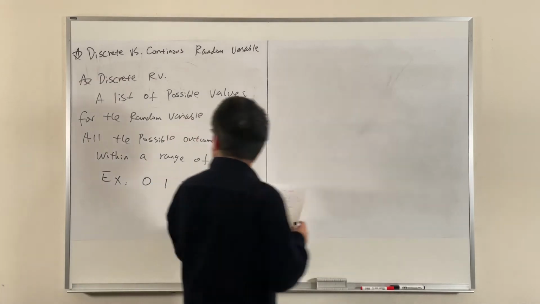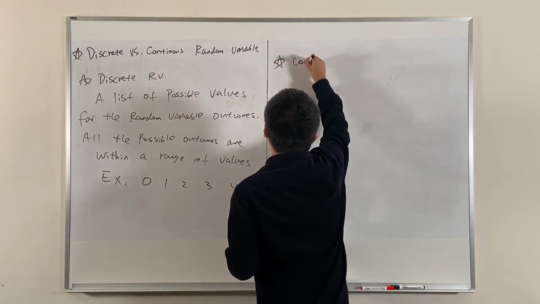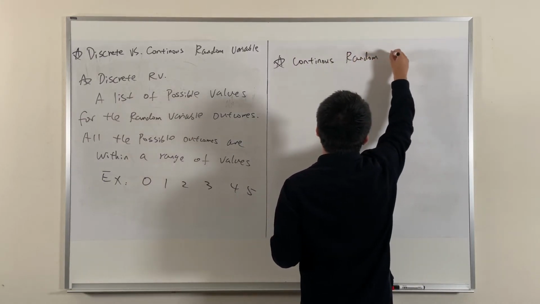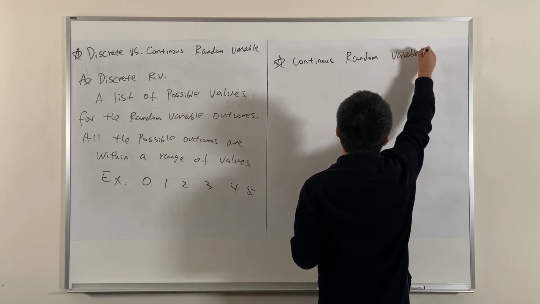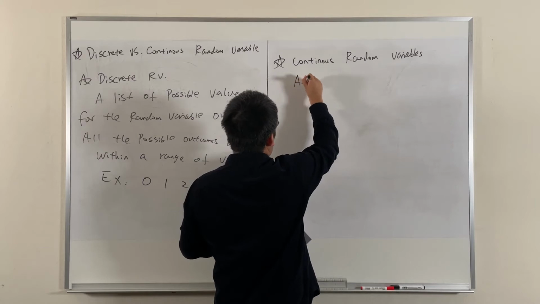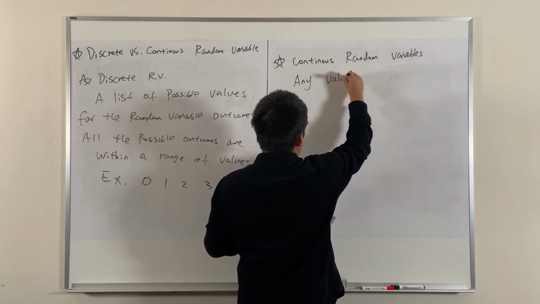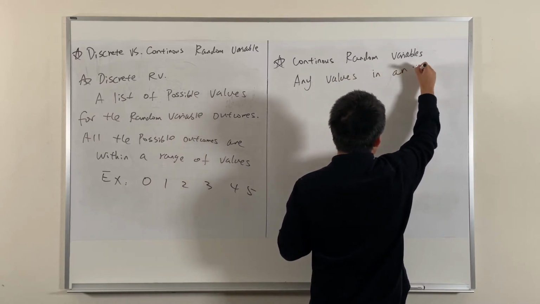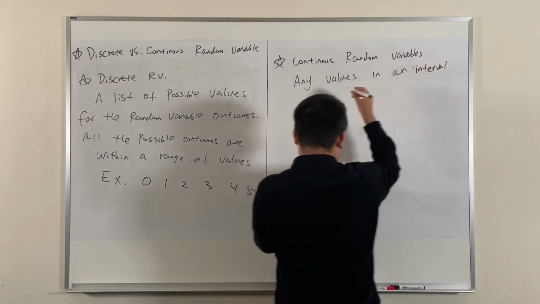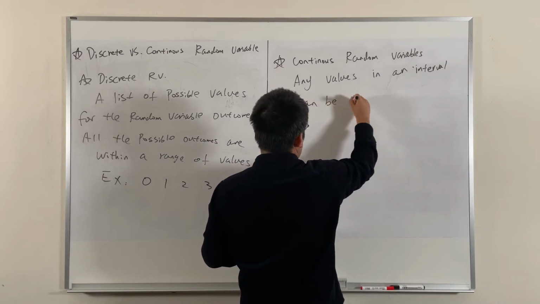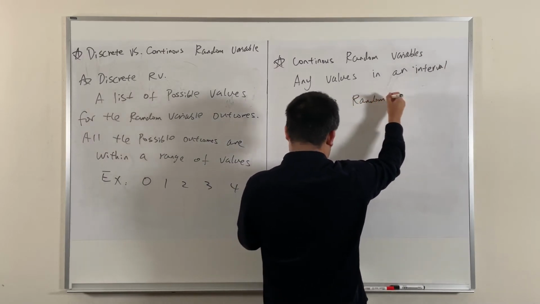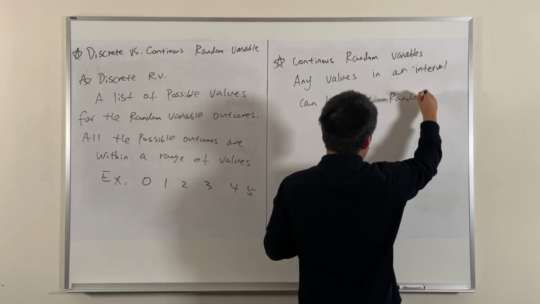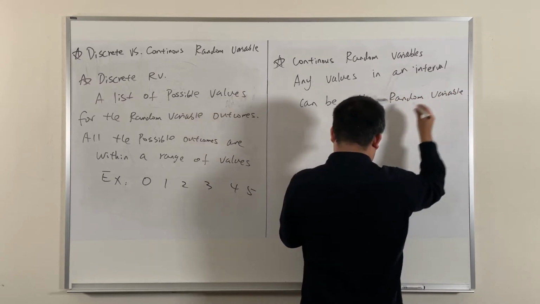Whereas compared to continuous random variables, continuous random variables, the definition is any values in an interval can be the random variable outcomes, right?